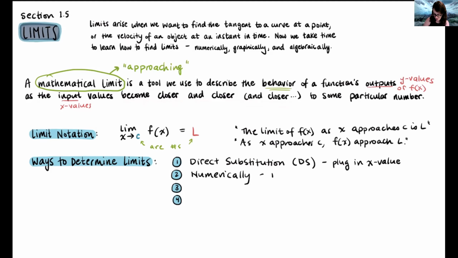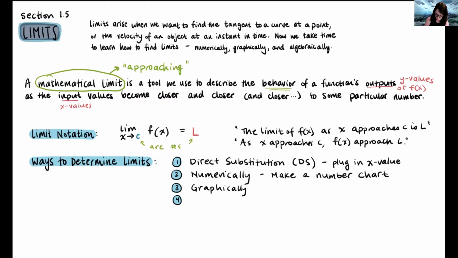So just to summarize what we're going to do here, make a number chart or a table. Okay, the third way you could determine a limit is graphically. So given a graph, you can read off what the limit is by looking at what the y values are doing as x approaches a certain number or point on the graph.